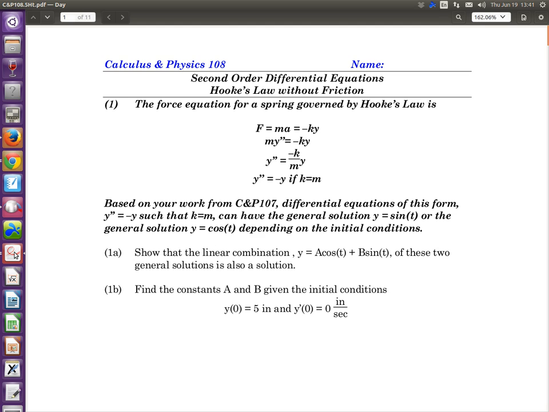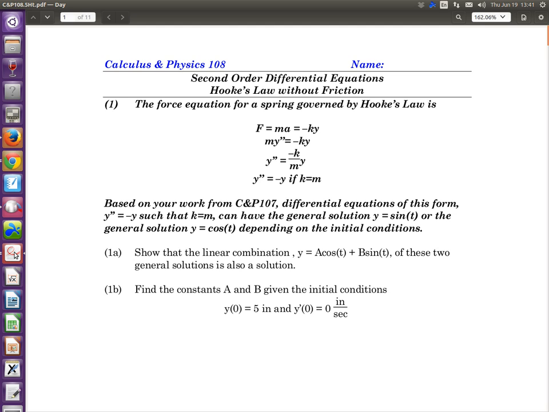Alright, so the force equation for a spring governed by Hooke's law is F equals ma, which is directly proportional to y, and it's a resistive force, a negative constant of proportionality, negative k. So a is y double prime, so m y double prime is negative ky, so y double prime is negative ky over m.